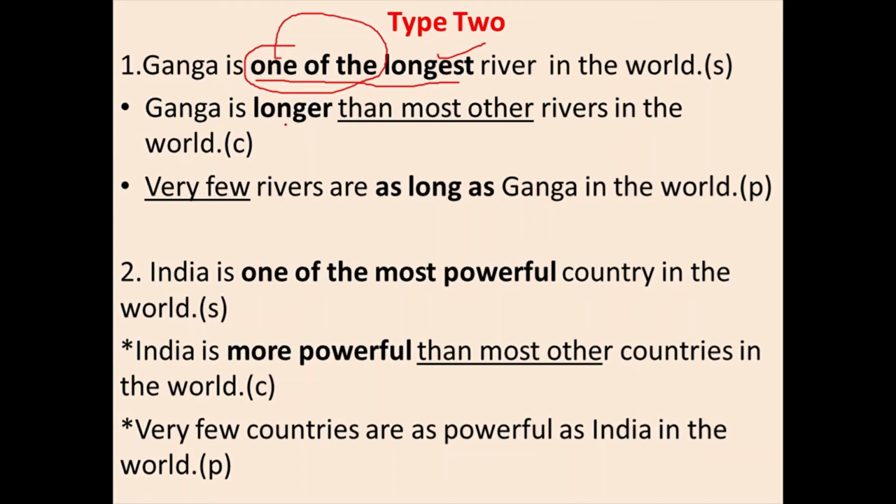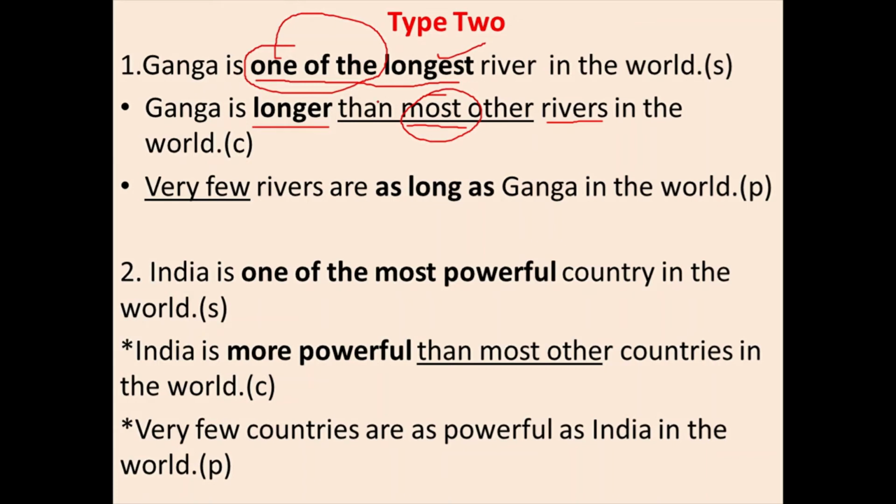Now we will make it comparative with the same method. Only the difference is here. Ganga is longer than most other rivers. Here you will find the plural form of this common noun. So most other. What did we say in the first type?